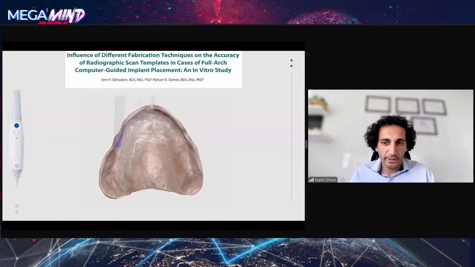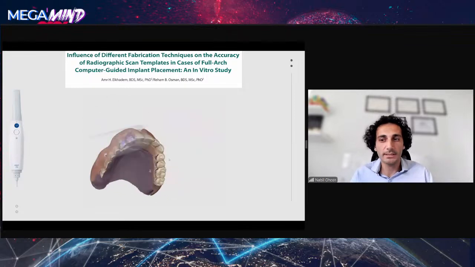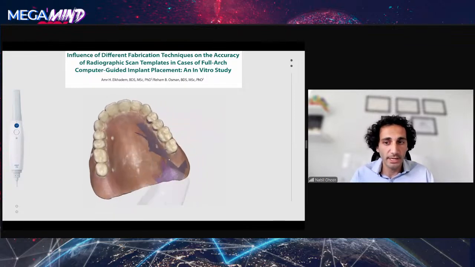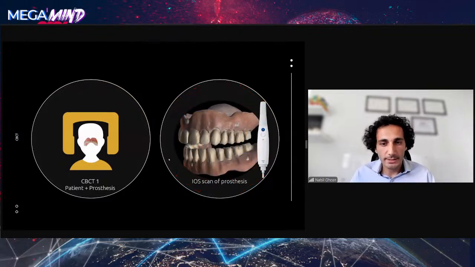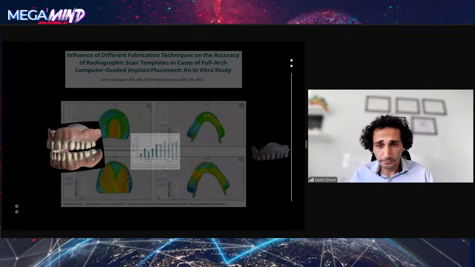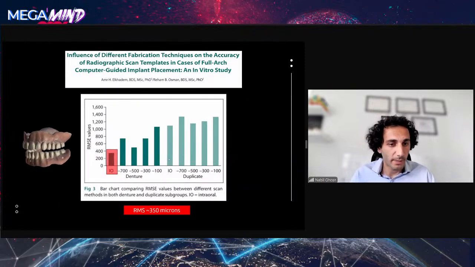That's why, with the advent of intraoral scanners, several authors have recommended replacing the CBCT conversion of the denture by scanning it extraorally with an intraoral scanner. This approach allows us to skip a step for the second CBCT and increases the accuracy of this conversion to reach approximately 350 microns.